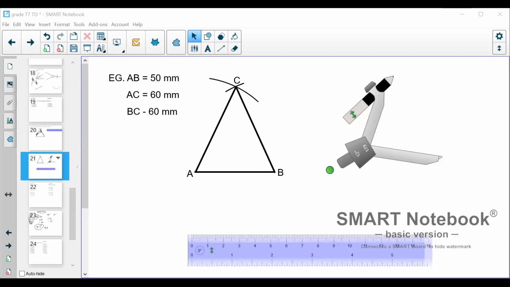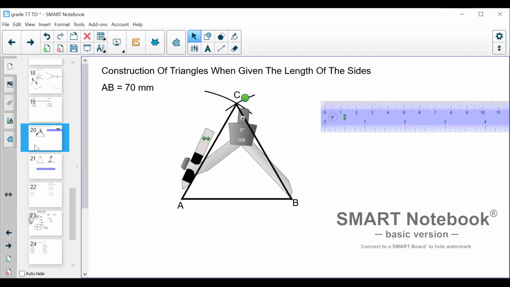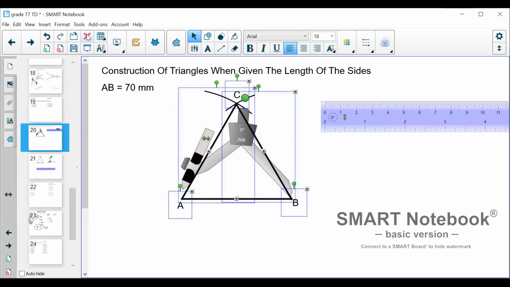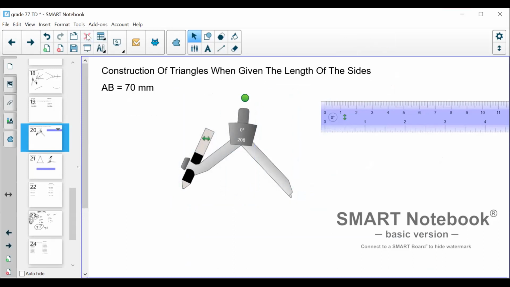Yes, so it's here. We'll go to this one here. So, construction of triangles when given the length of the sides.